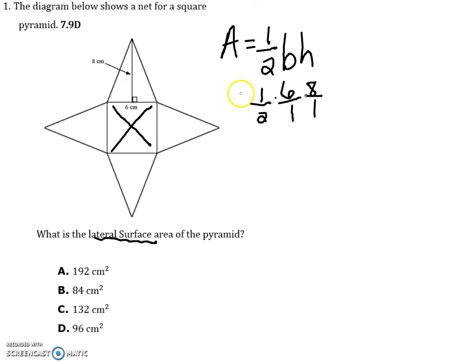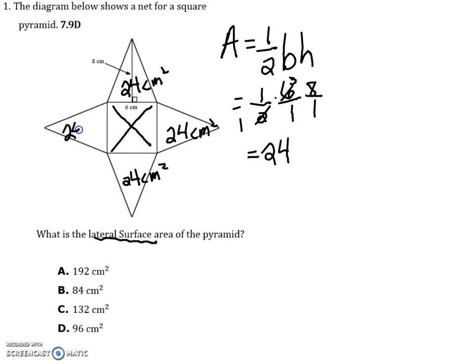Okay, half of 6 is 3, and 3 times 8 is 24. So the area of each triangle is 24 centimeters squared. So then this is 24, this is 24, and this is 24.